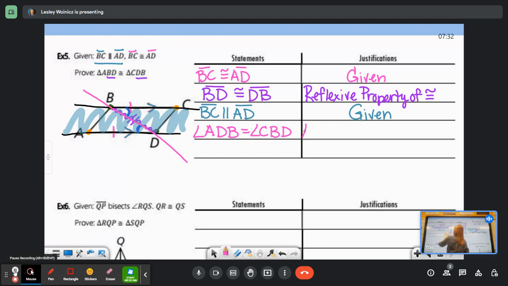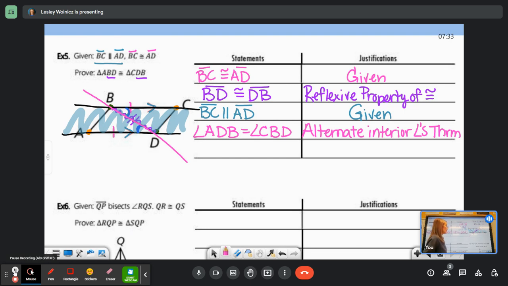Okay, and that is the alternate interior angles theorem. I think that's the abbreviation for theorem. I don't ever remember, I just write it out.